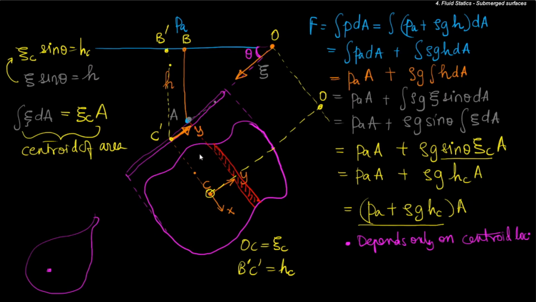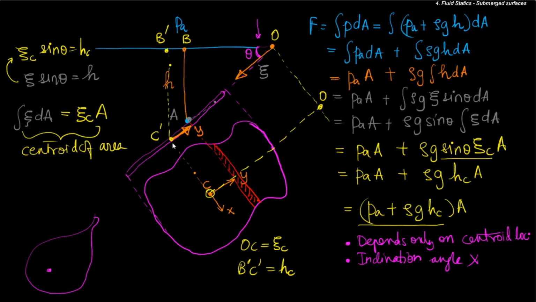So the shape of the body is encoded into the information of the centroid. More interestingly, it does not depend on the inclination angle. All it depends on is the depth of the centroid, and the depth of the centroid can depend, of course, on the inclination angle, but there is no explicit dependency on the inclination angle.